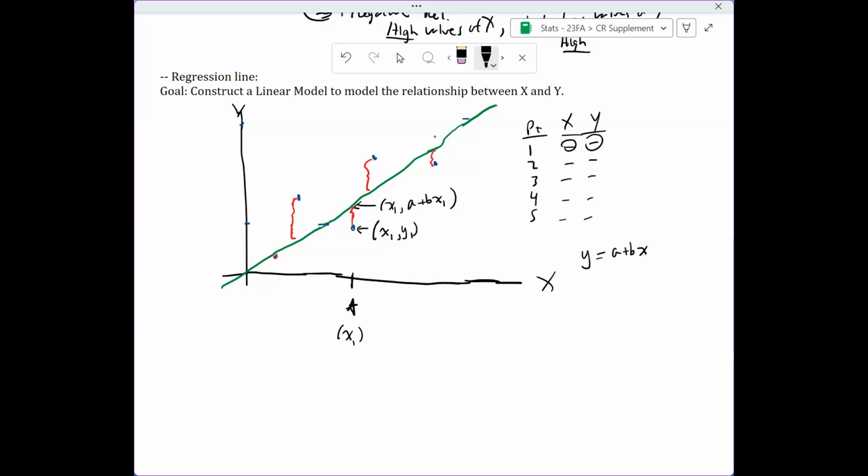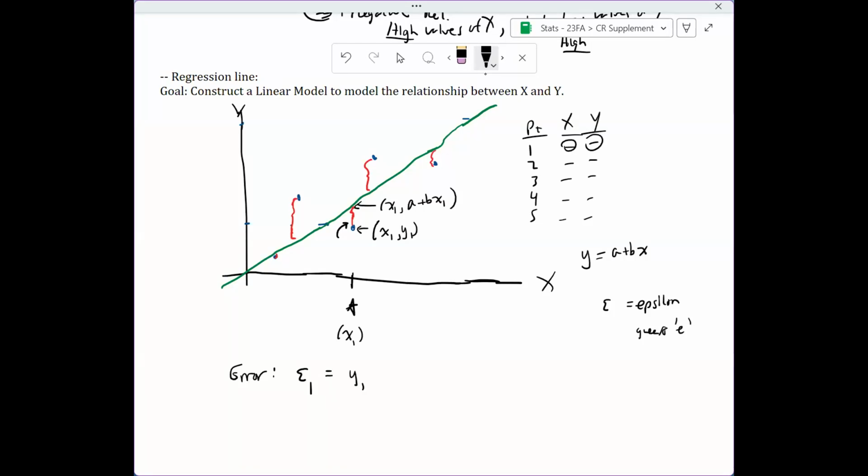Now, my model in this case deviates from my actual experienced data by some amount, by actually this red amount here. So we have, for instance, error. We might call it epsilon1. Epsilon is the Greek letter E. And epsilon1 might be the difference between these two.